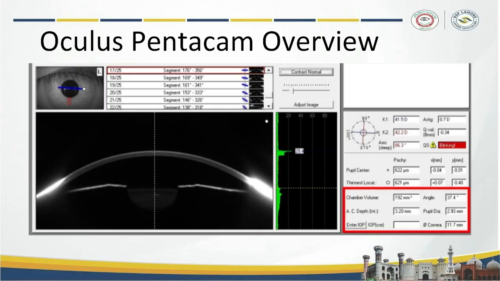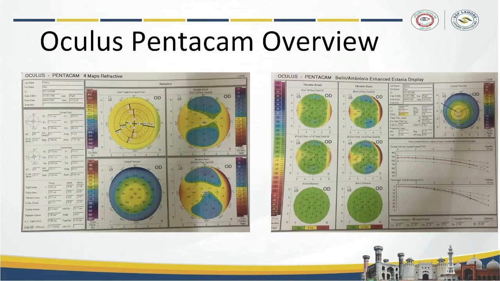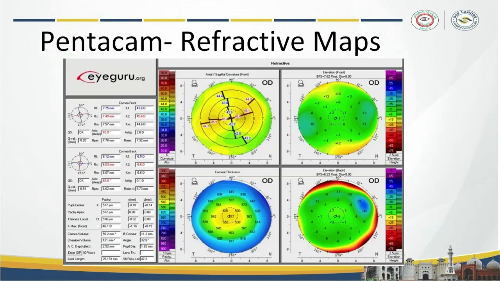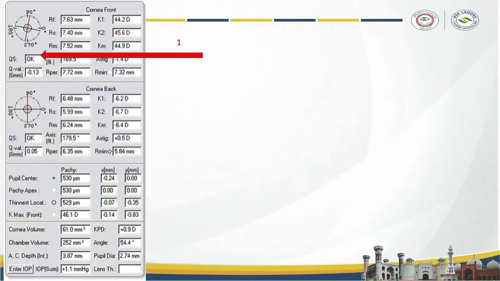So this is the overview of the printout we get in the Pentacam. These are some of the printouts. And first of all, we'll study the refractive maps. So this is the quality scan of this specific Pentacam. This can be OK or a data stats and various types.